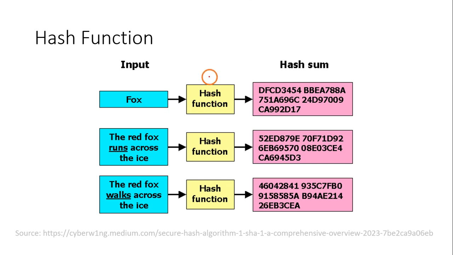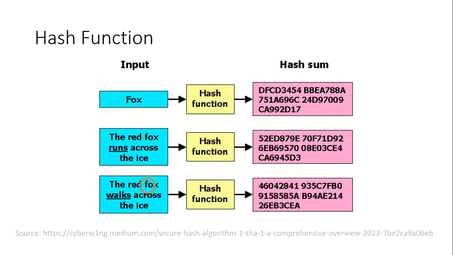Otherwise, you can continue. A hash function takes some input and generates a fixed length string called a hash. This hash is also called a digest. If you see the second example, the hash function is taking "the red fox runs across the ice" and converting it into this hash value.